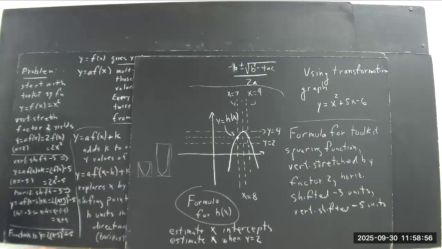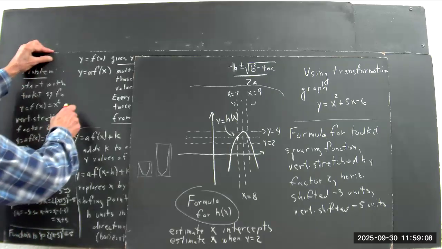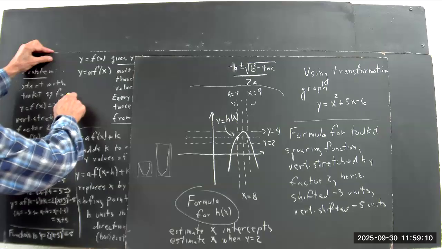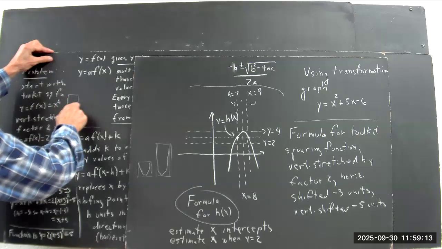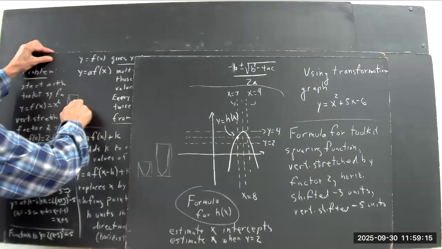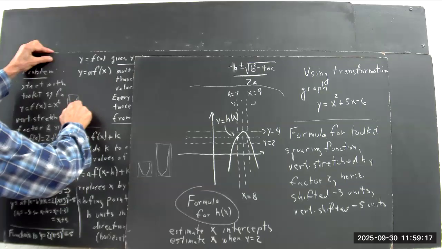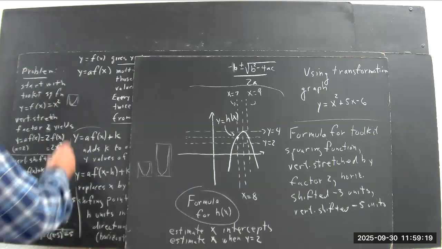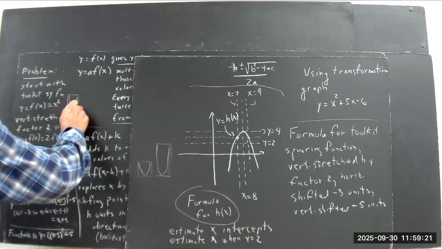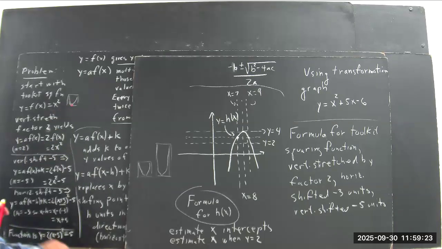I don't have room to write it, but this is called the vertex form of the function. We can see what the vertex is because what we've done is we've shifted the x squared graph, which has a vertex here. In my class, I use a red dot to represent the vertex.